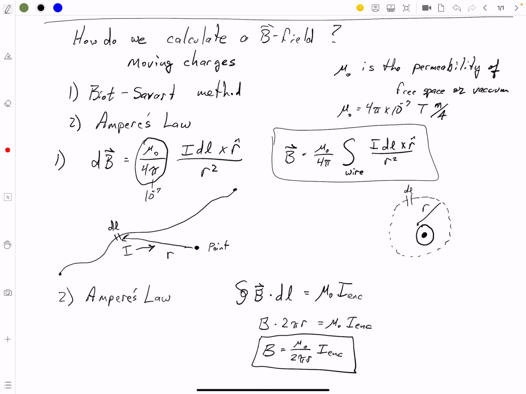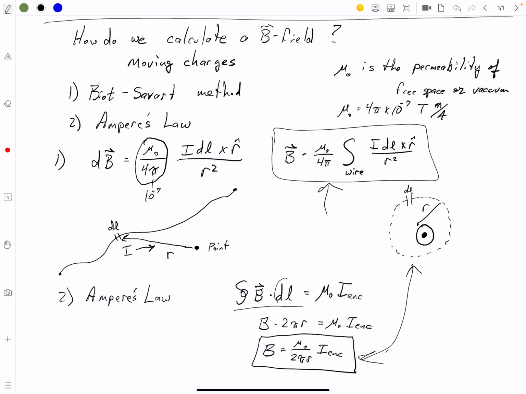So what would you rather do? The Biot-Savart one we didn't even get to do because it's not cake, right? This is a hard problem. But with this one, it doesn't matter as long as we make our closed line integral.